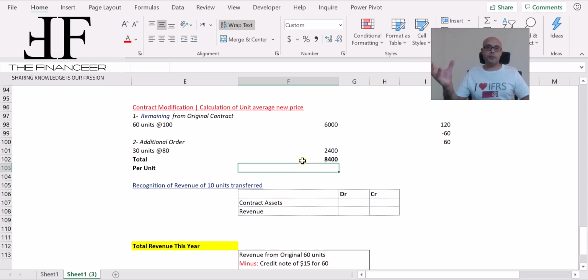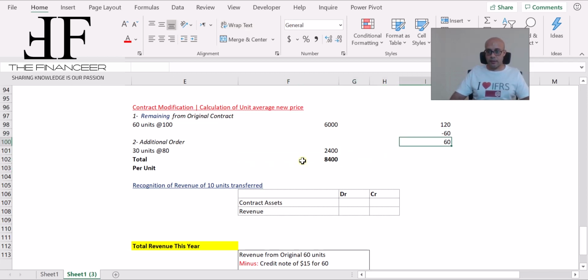Okay. How many units so far? The remaining quantity and the new quantity. The remaining quantity again was 60. This is the remaining quantity. And the new quantity is 30. So the total will be 60 plus 30 equal 90 units. This is the total quantity.